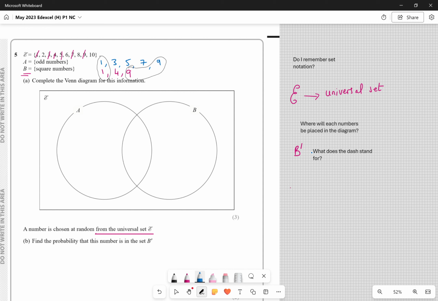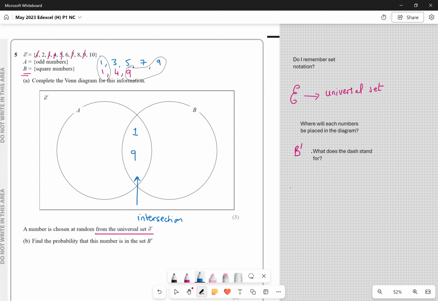So 9 and 1 will go here. And this, if you remember, is called the intersection. It's the intersection of sets A and B, meaning it contains all and only the members of both sets.